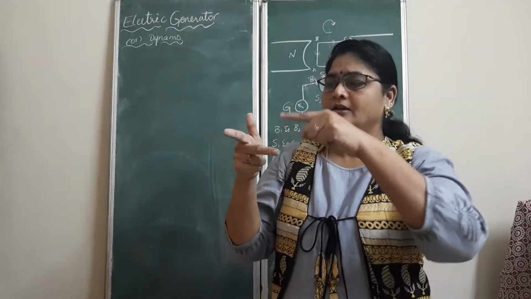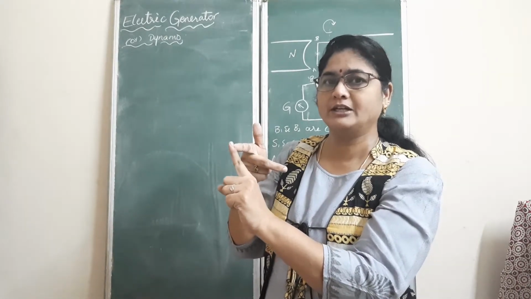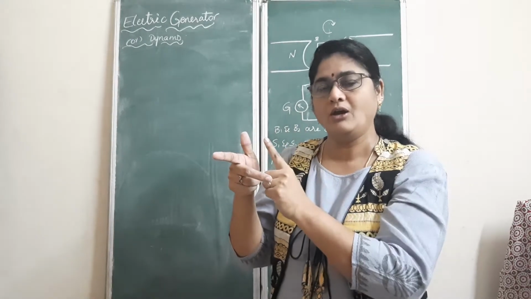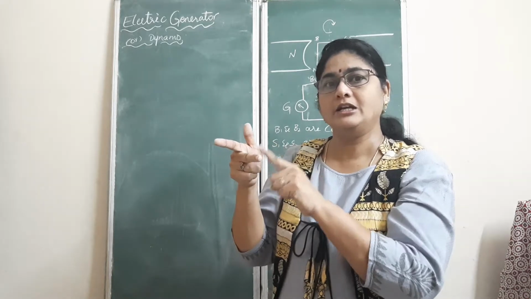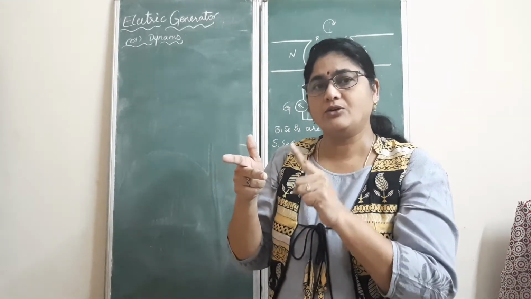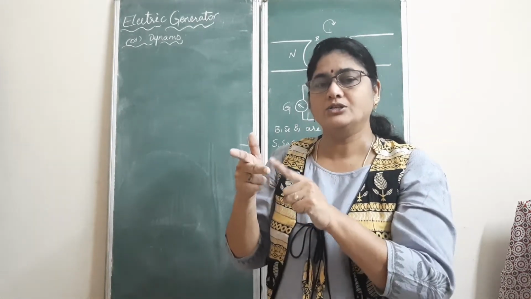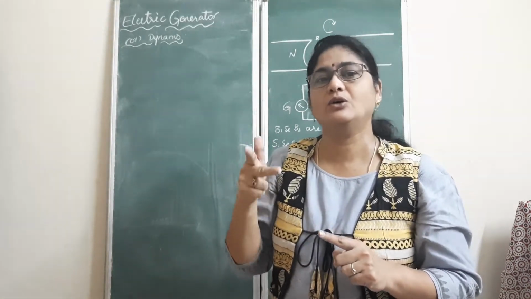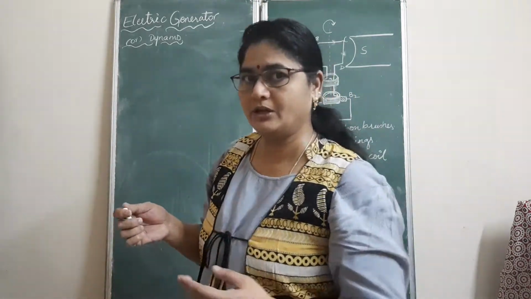Then the forefinger always points in the direction of the magnetic field and the thumb indicates the direction of motion of the coil or the force on the coil. Then the middle finger indicates the direction of induced current in that coil. So we are going to use this Fleming's right hand rule to identify in which direction the current is induced in the coil. Okay, so I am going to write down the statement on the board. Please make a note of it.